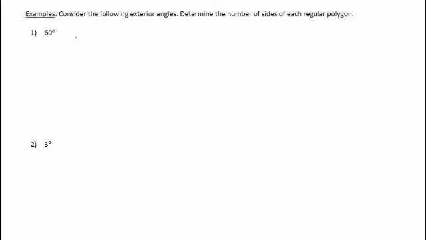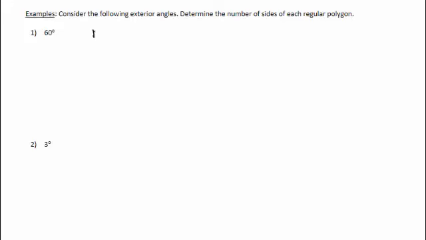Example 1: consider the following exterior angles. Determine the number of sides of each regular polygon. For our first example, we're given 60 degrees as the exterior angle of such a polygon. Since we know that the sum of all exterior angles is always 360, we can simply divide 360 by 60 degrees to see how many sides it has.